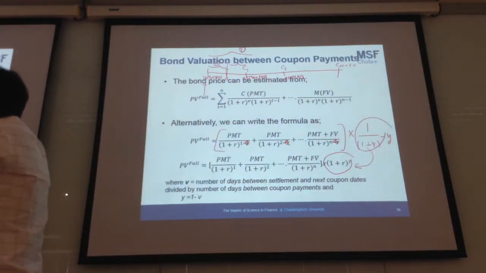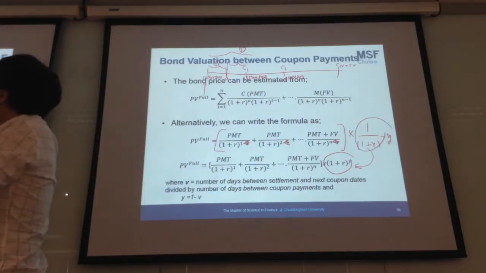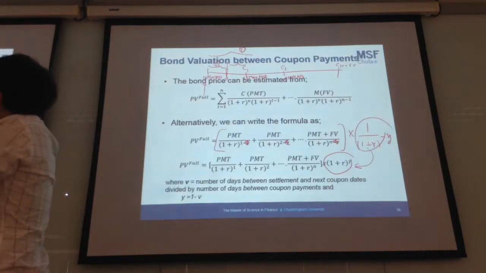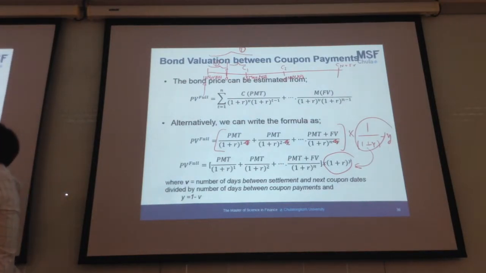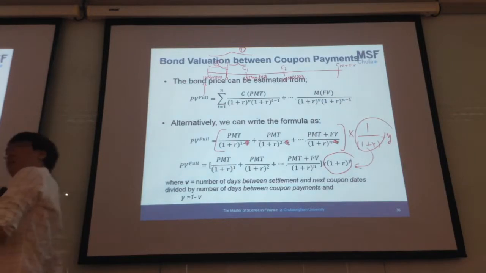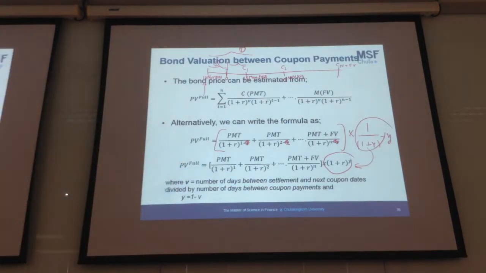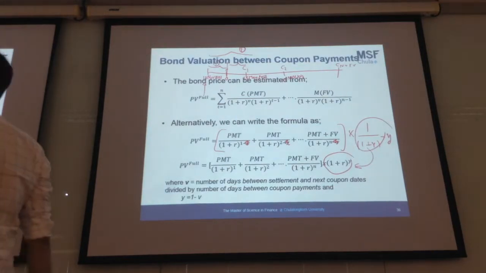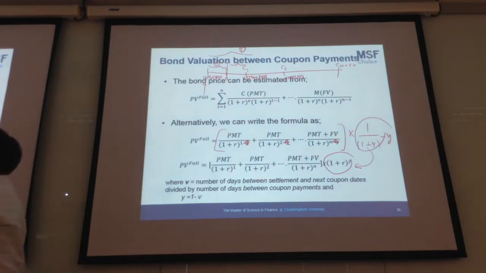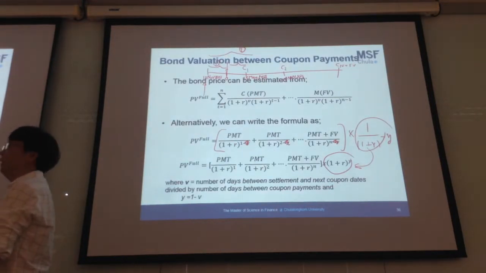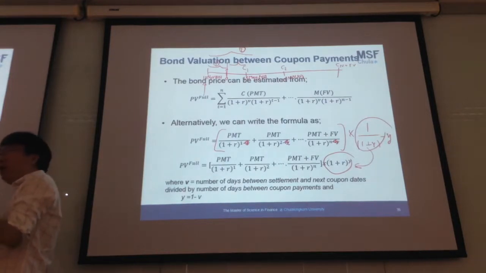So basically you just compound from time 15 November to time 0 by multiplying by 1 plus r to the power of y. Sorry, X is multiplication. Okay, so this is the full price. We get the full price first.